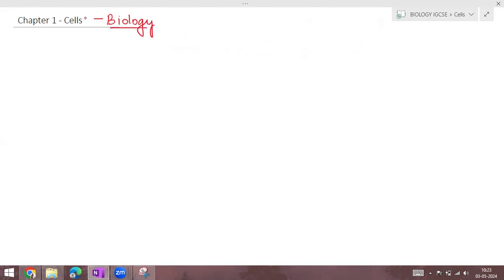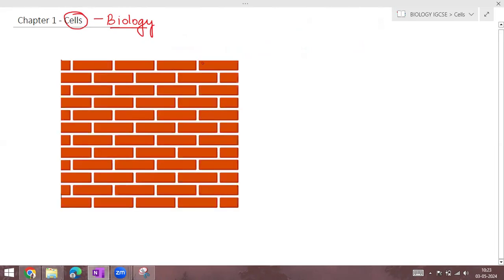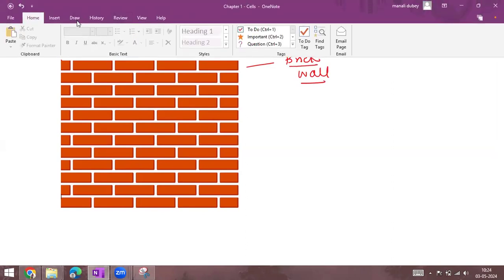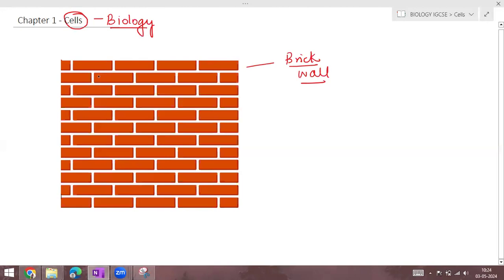So what is a cell actually? Let's understand that. Can you see this is a brick wall, correct? If you look at a brick wall, it is made up of these small bricks which have come together, isn't it? The smallest thing that comes together to make a huge brick wall is this brick.